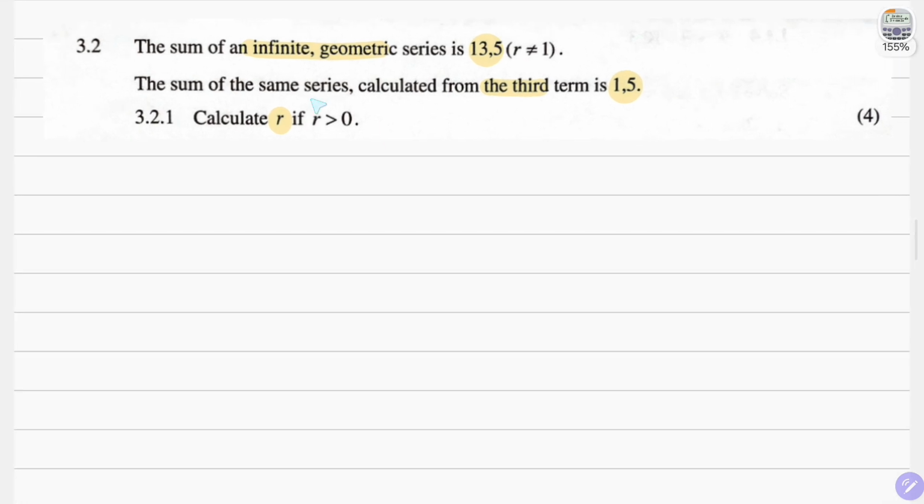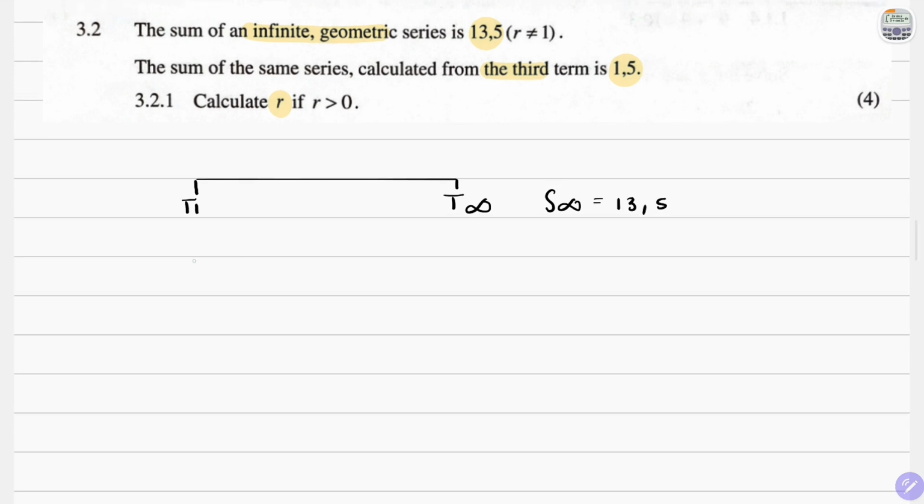Let's look at the information they've given us. The sum to infinity of a geometric series is 13.5. So this is starting at term 1 all the way to term infinity, and as we keep going, that sum is equal to 13.5.